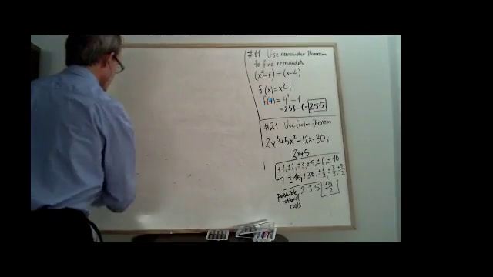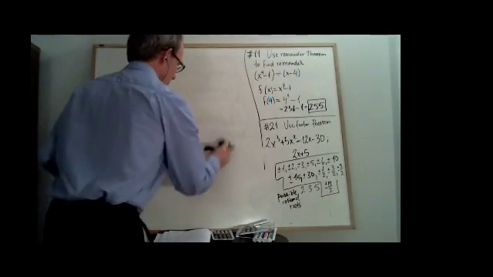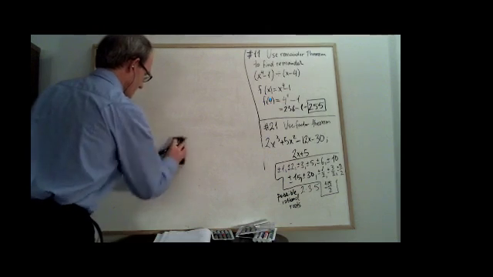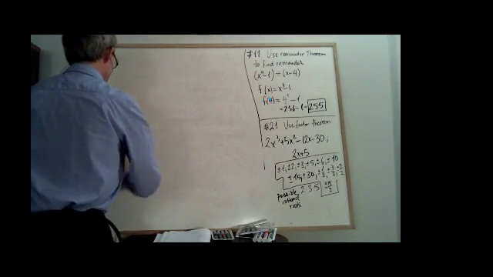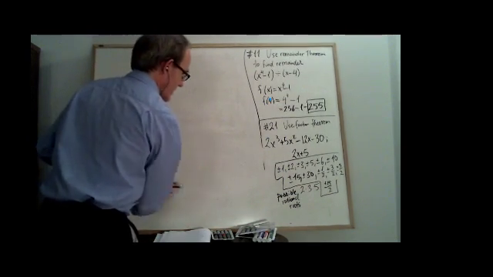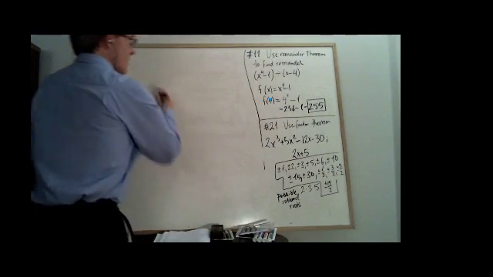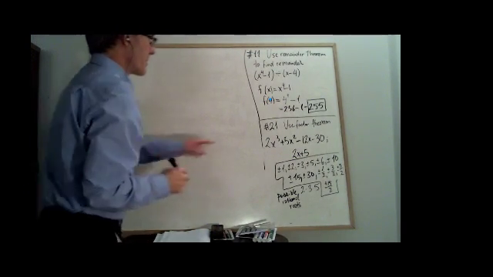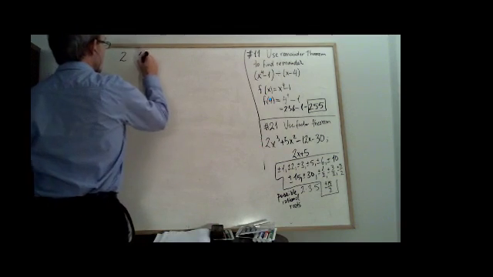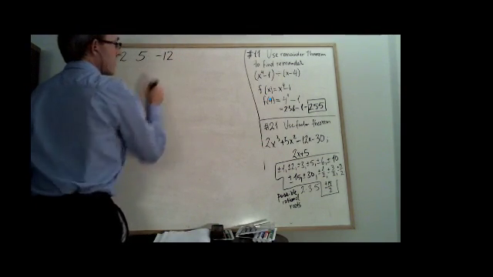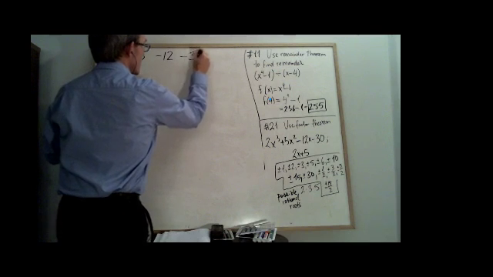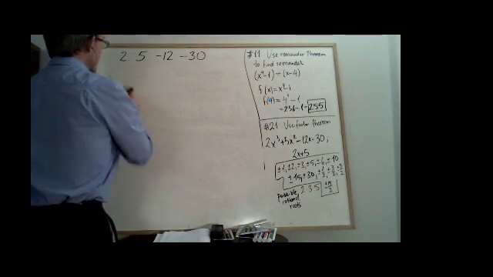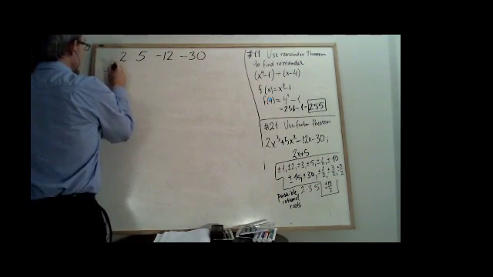So here we go. So we put in the coefficients in our row. 2, 5, minus 12, and minus 30. And we put our rational root minus 5 over 2 in here.